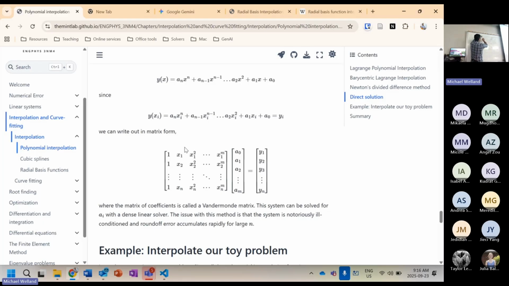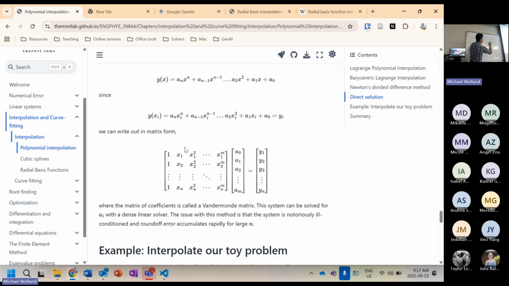You've got your vector a2, a1, a0. I think I've swapped the order of the lines there, but it doesn't really matter. x1 squared, x1, 1.